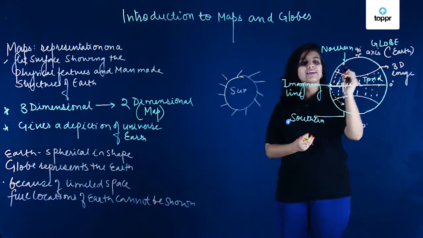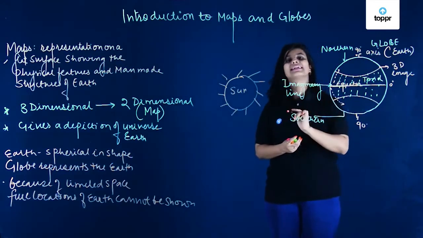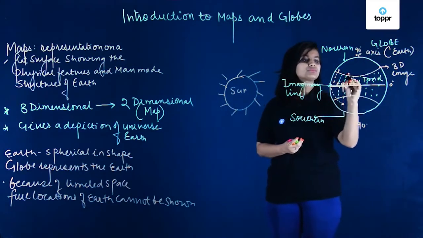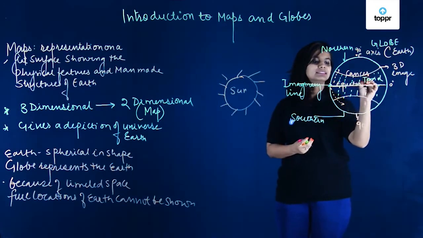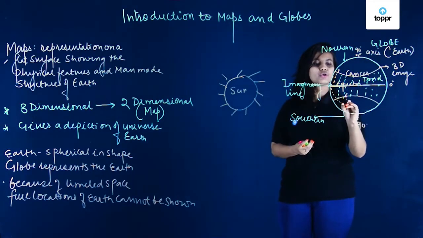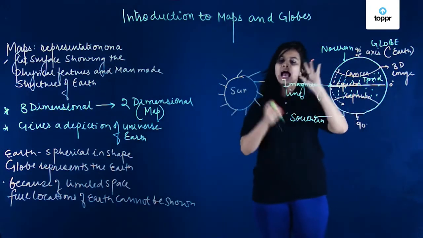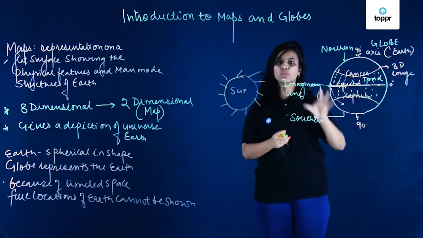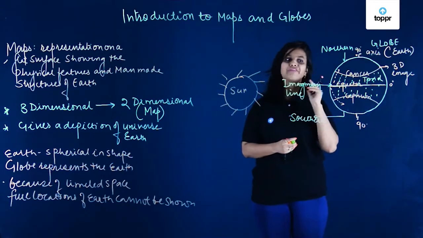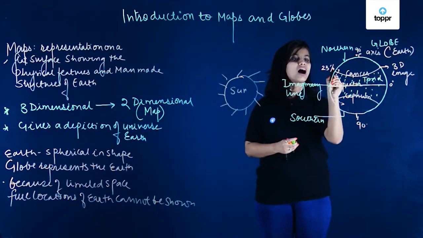Now, as we move away, next to the equator is another line which is known as the Tropic of Cancer. And in the south there is another line known as the Tropic of Capricorn. Right student? At what degree? I have told you all the measurements on the globe are in the form of degrees. This is 23.5 degrees north.